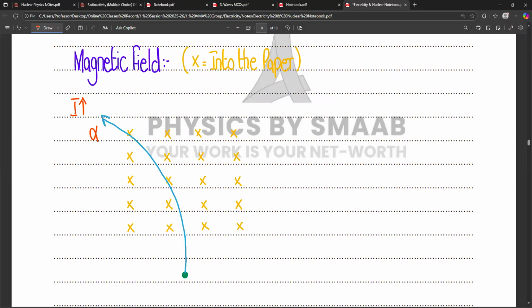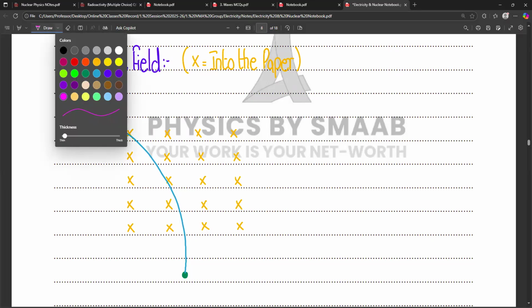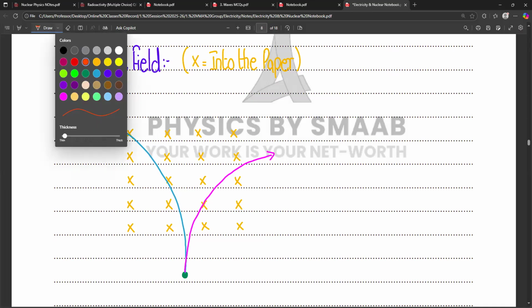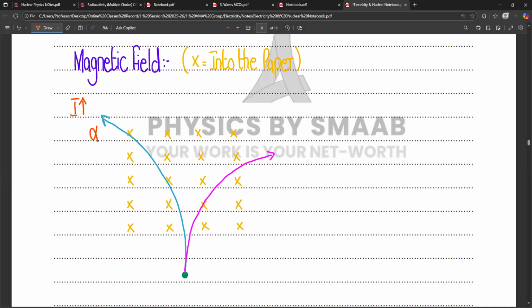So then we have this for beta. And again, we also need to consider the deflection angle, because beta is light, so it deflects with a greater angle. And this is for gamma.